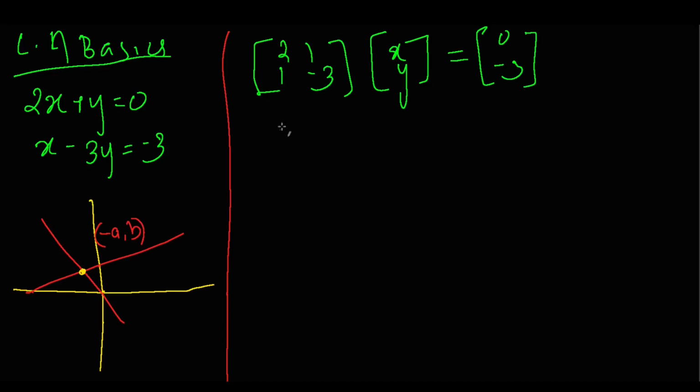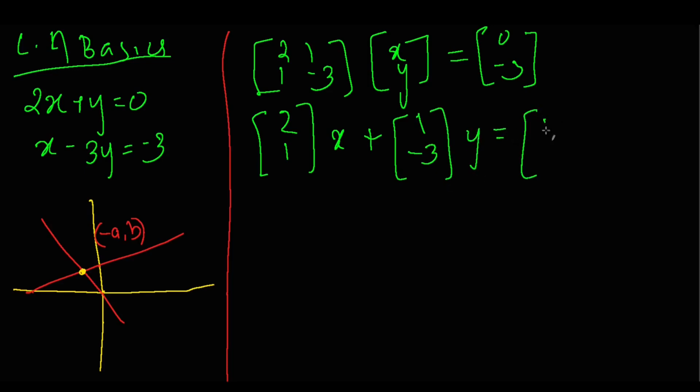We can rewrite this in this manner: [2, 1] times x plus [1, -3] times y is [0, -3].